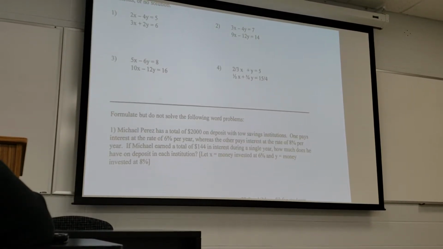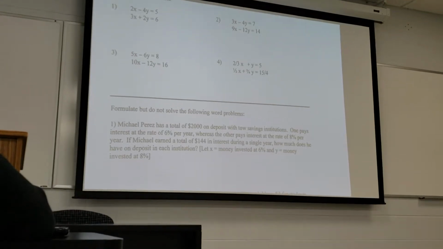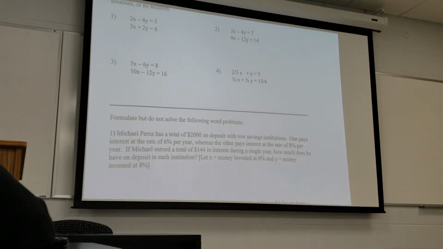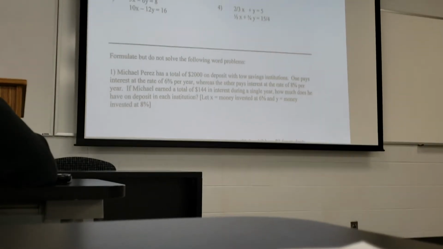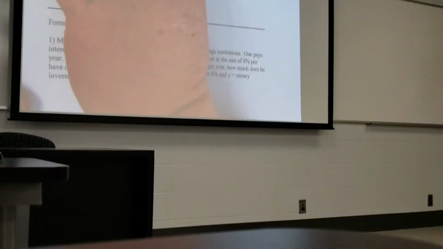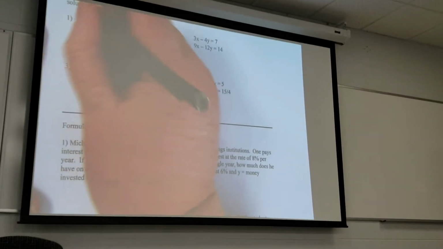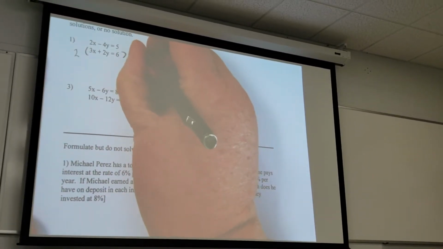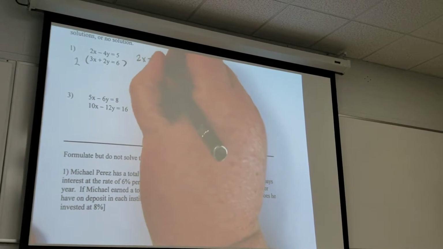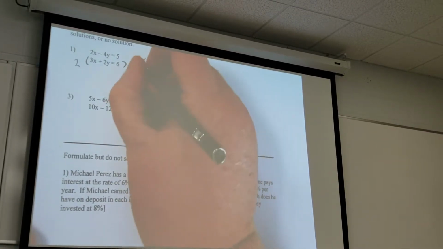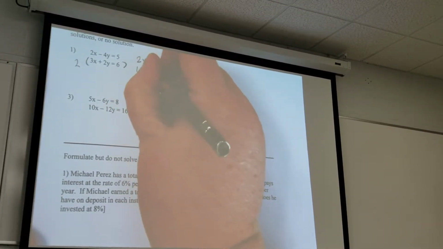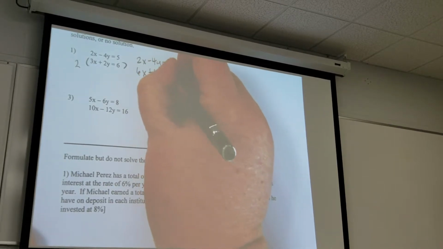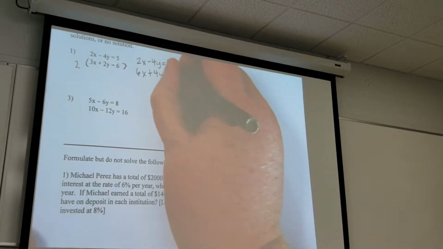And I can multiply a number with 2 to equal 4. So all I have to do is the bottom equation. I'm going to multiply this one by 2. So I have 2x minus 4y equal to 5, and 6x plus 4y is equal to 12.